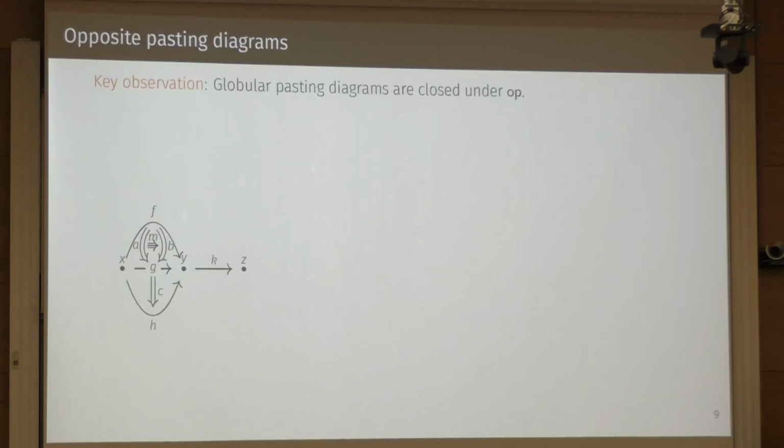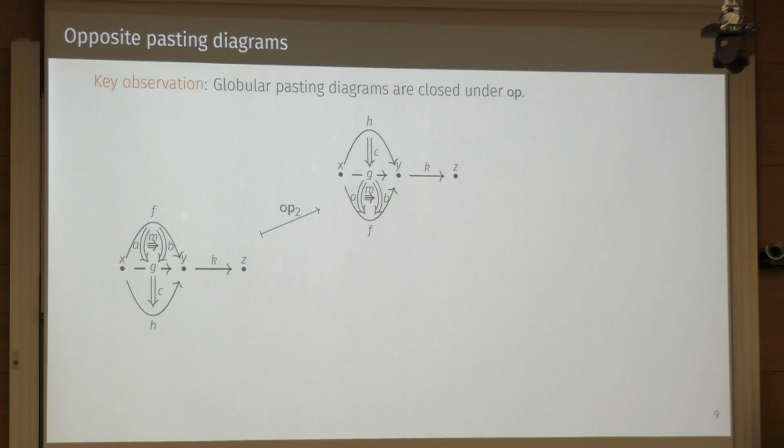And we can build those things inductively by observing first that globular pasting diagrams are actually closed under the operation of forming opposite globular sets. So if we start with this pasting diagram here, which can be seen as the composite of a 3-cell whiskered with some 2-cell, and then whiskered on the right with a 1-cell.